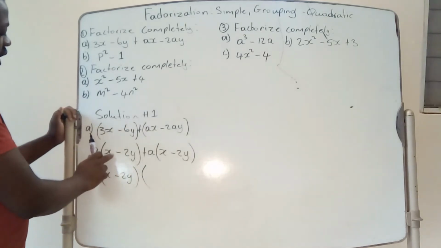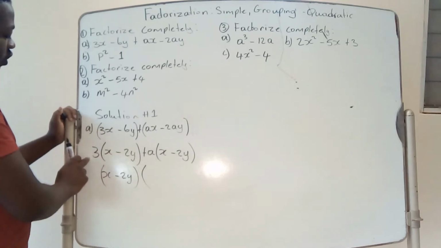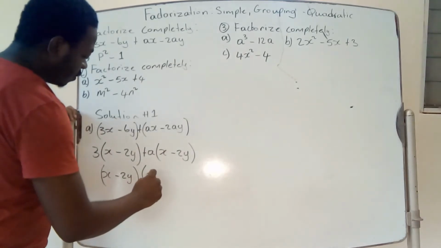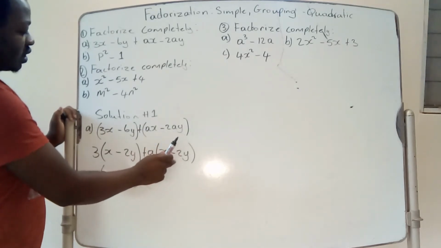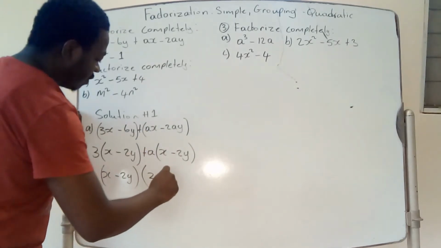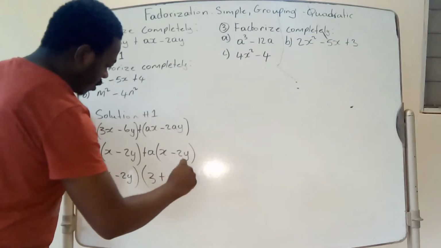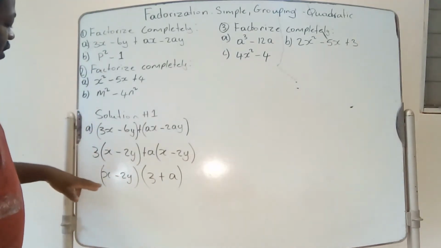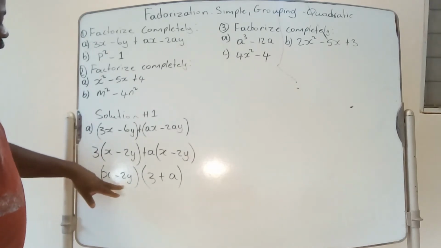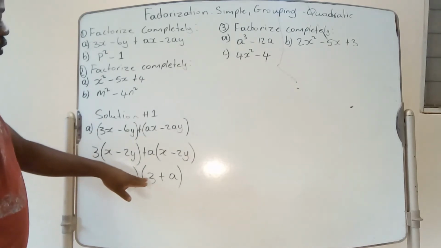If you factor out x minus 2y out of the first term, 3 is left. And if you factor out x minus 2y out of the second term, plus a is left. So therefore, our final answer is x minus 2y times 3 plus a.